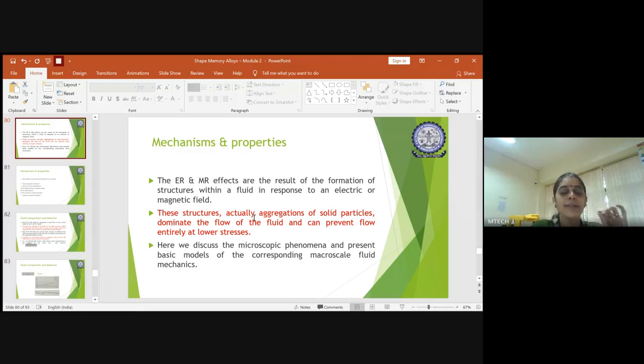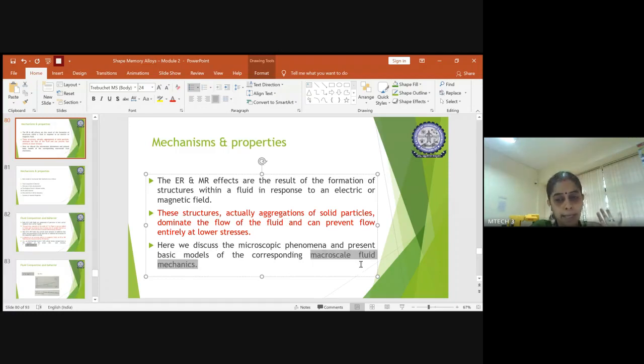So based on this, now we need to discuss the microscopic phenomena and some basic models corresponding to the macro scale fluid mechanics. Why are we focusing on macro scale fluid mechanics? Because I told you the particles are dominant in the fluid. So the particles you have in the fluid are of either the micro scale or nano scale.